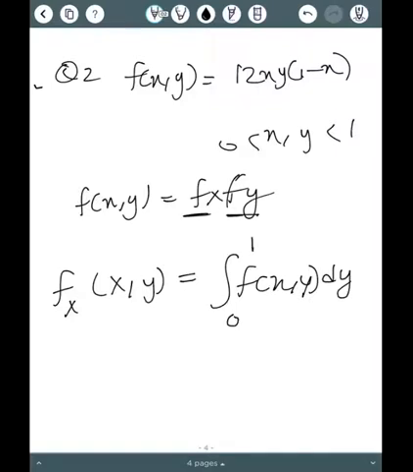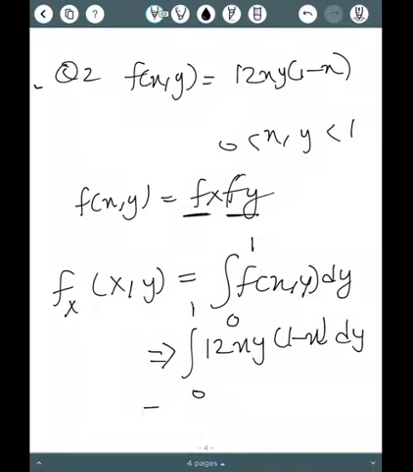The density is 0. So ये basically आपका जो joint distribution है उसकी y's को sum up कर लोगे between 0 and 1. So summing up here, because it's continuous, means integrating. So fxy 12xy(1 - x) को आपने इंटीग्रेट करना है with respect to y between 0 and 1, right?